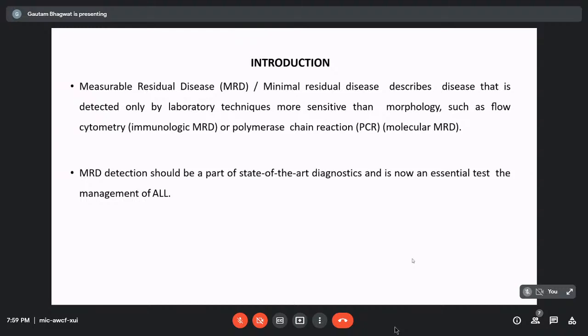But by using techniques such as flow cytometry, PCRs, etc., we can look into much more cells to know whether even if the disease is present less than 5% or not. So anything which can be detected other than morphology is the measurable residual disease.